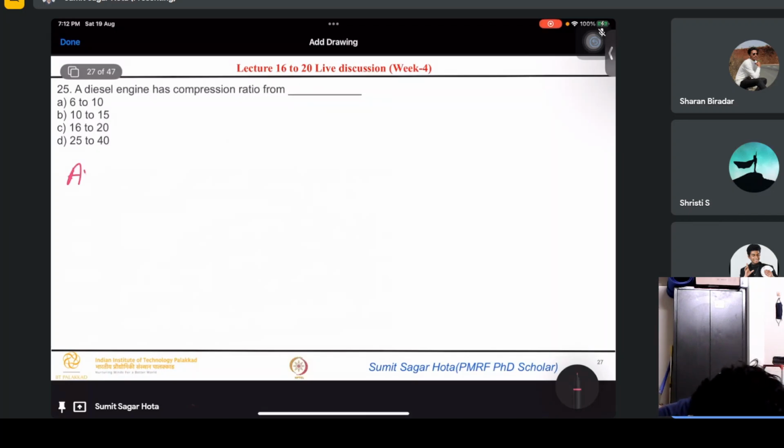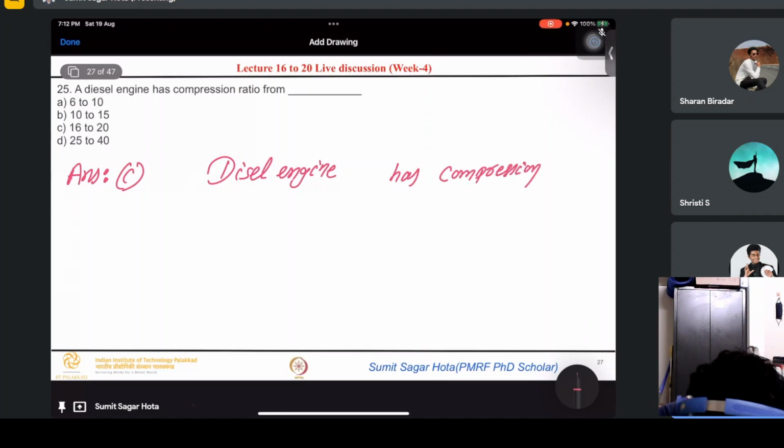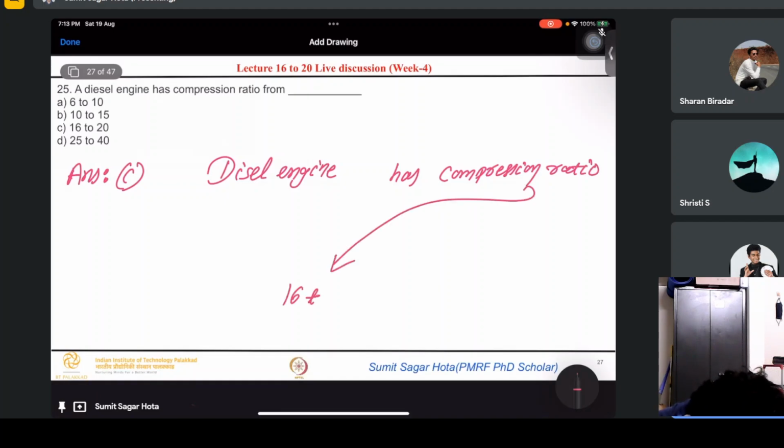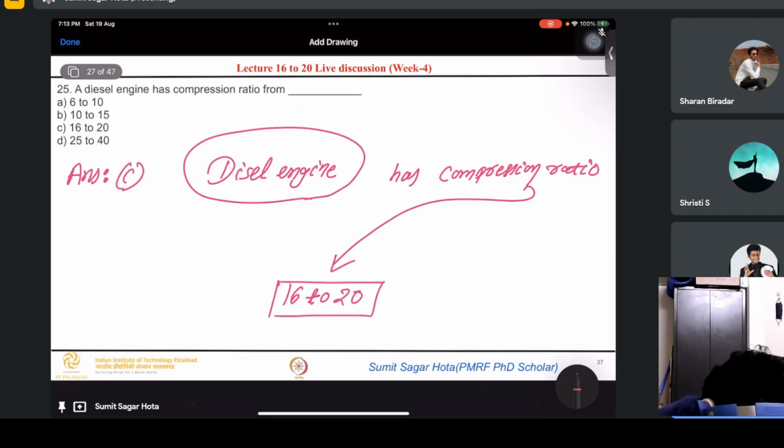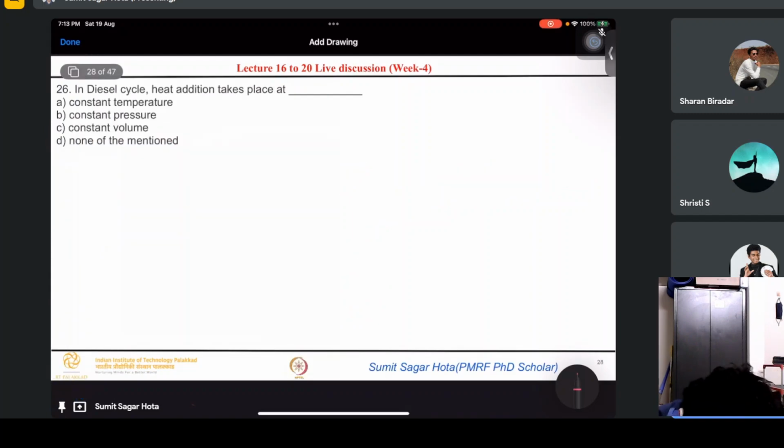The answer is C: the diesel engine has a compression ratio of 16 to 20. In the diesel cycle, the heat addition takes place at what?